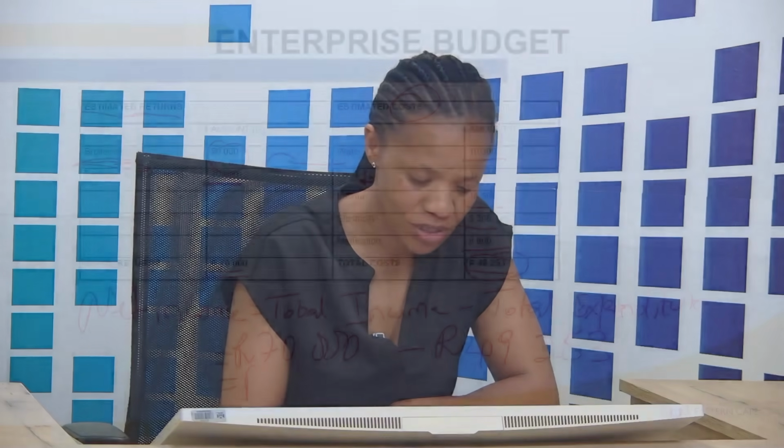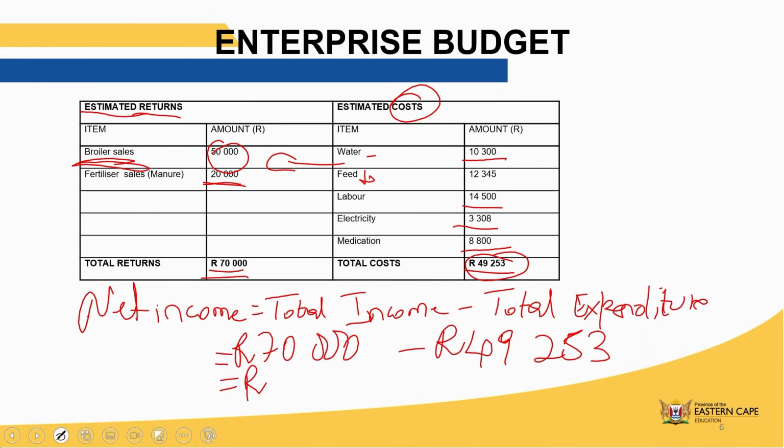We have 70,000 rands minus 49,253 rands, which gives us an answer of 20,747 rands. There is a profit. It is running at a profit of 20,747 rands. That means there's a profit in this farming business.